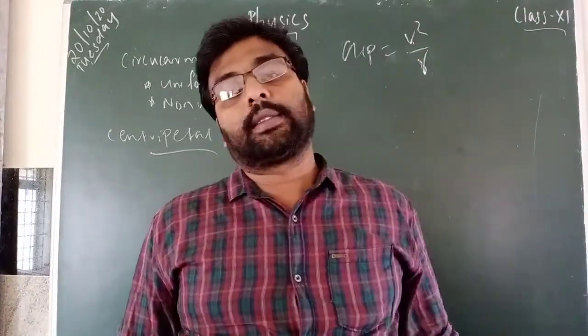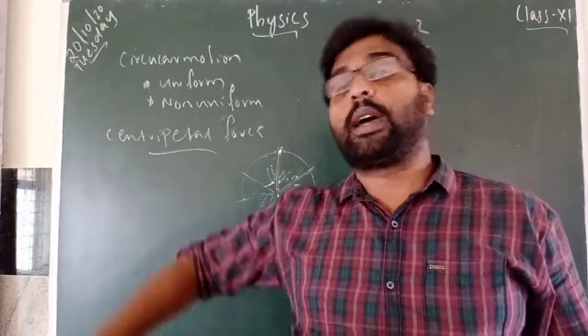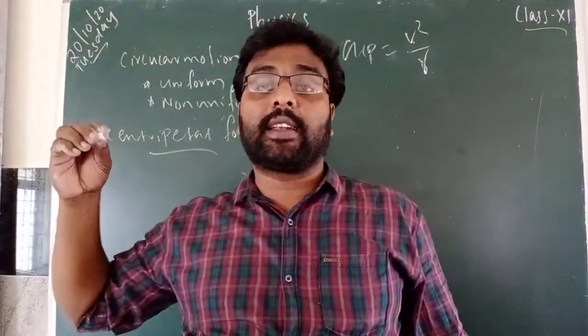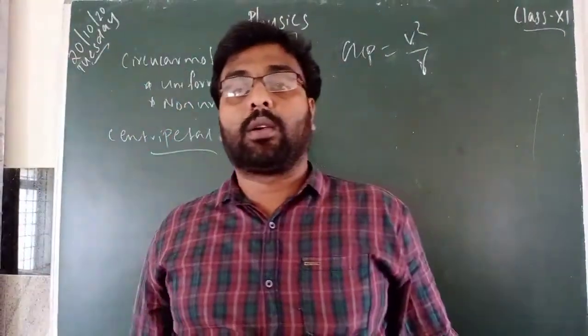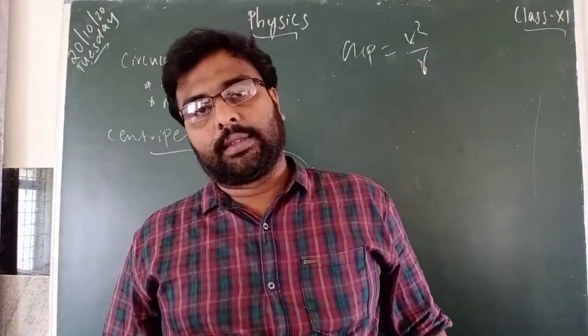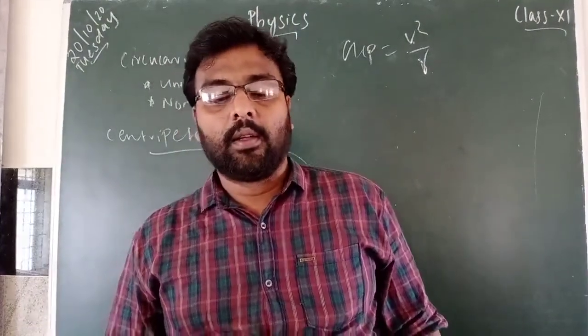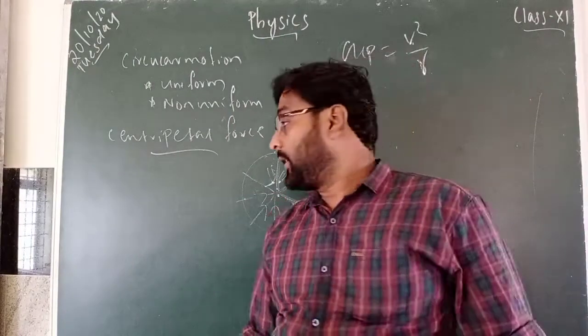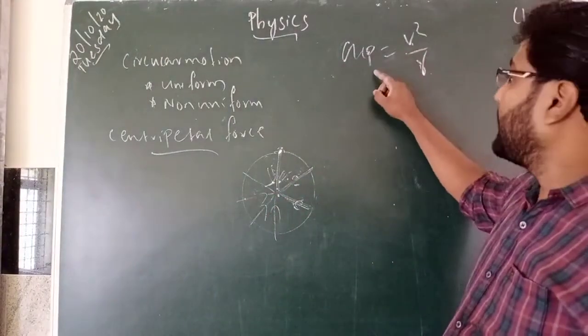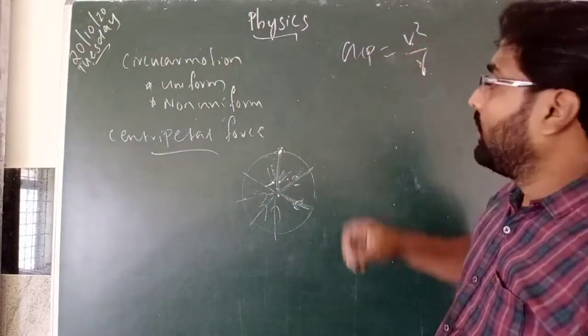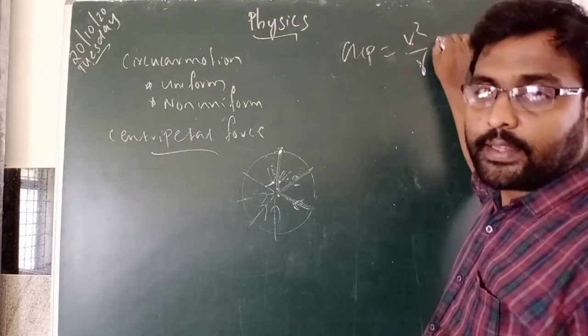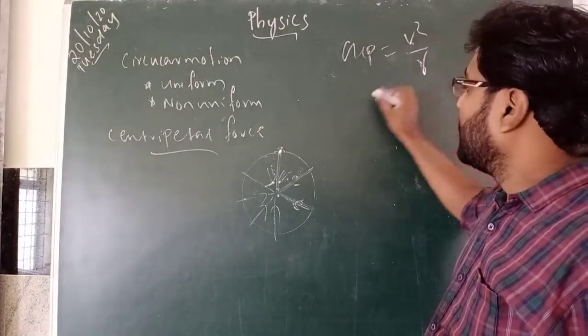That is what we are saying, centripetal force. So the inward force which is acting to the center of the circle is the centripetal force. As we know, the centripetal acceleration A is equal to V square by R.